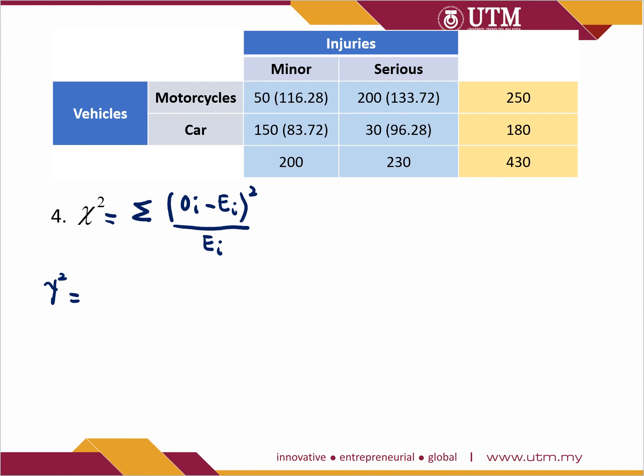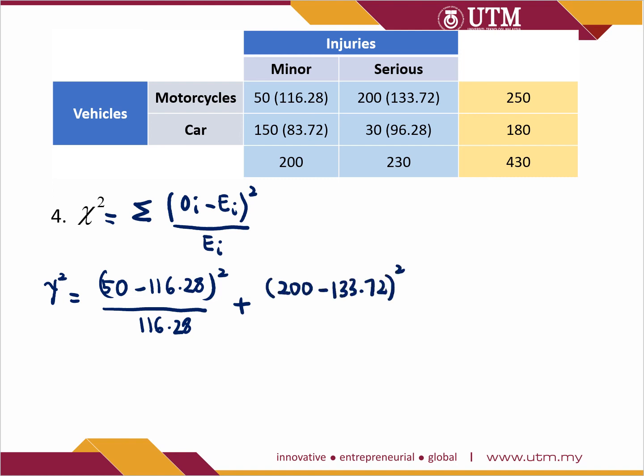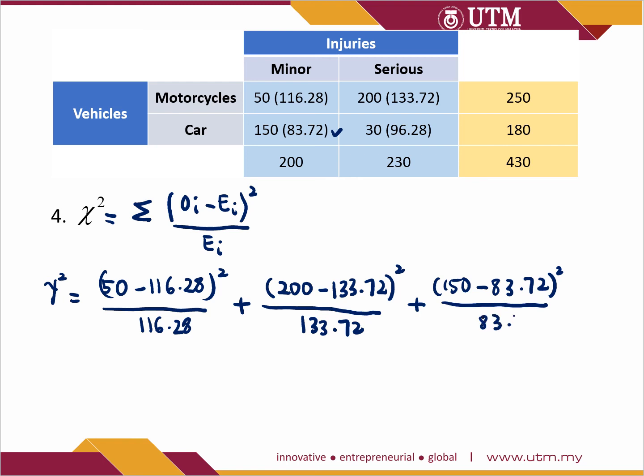For the first cell, it will be 50 minus the expected value, squared, divided by the expected value, plus the first row second column, 200 minus 133.72, squared over 133.72, and then for this cell, 150 minus the expected value, plus the final cell, 30 minus 96.28, squared over 96.28.